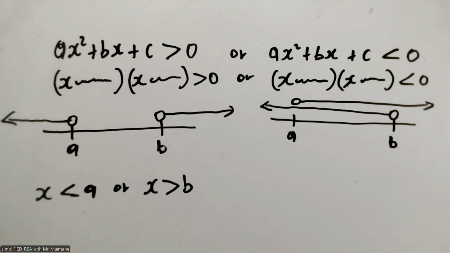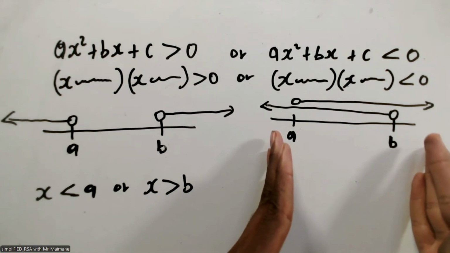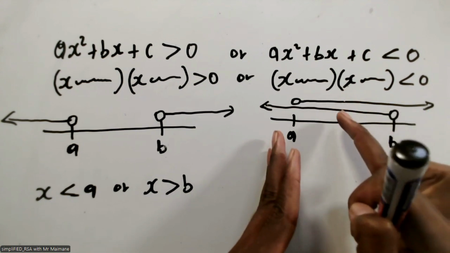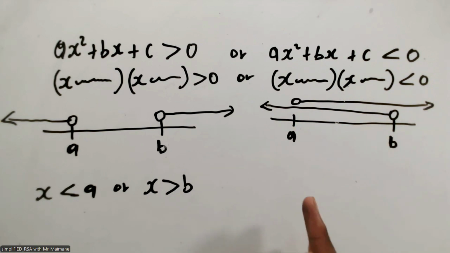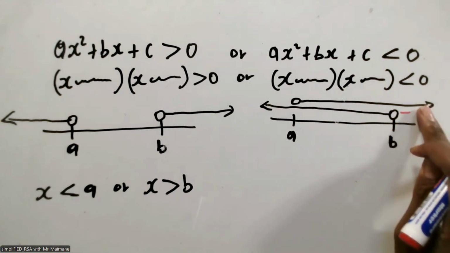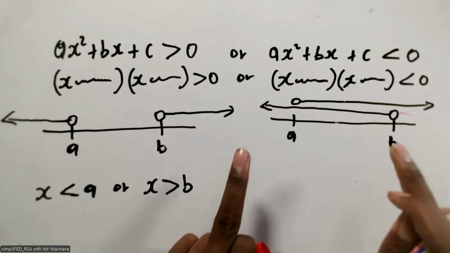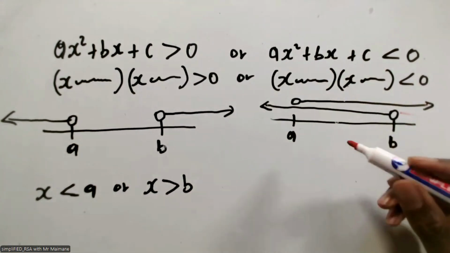So the smaller number will go in that direction. And then we say that in this case, the solution is anywhere where you see the two lines coexisting, where the two lines can be seen together. For instance, from here going that side, we can see that it's only one line going that side. And from here up until infinity, we can see that it's only one line going that side.